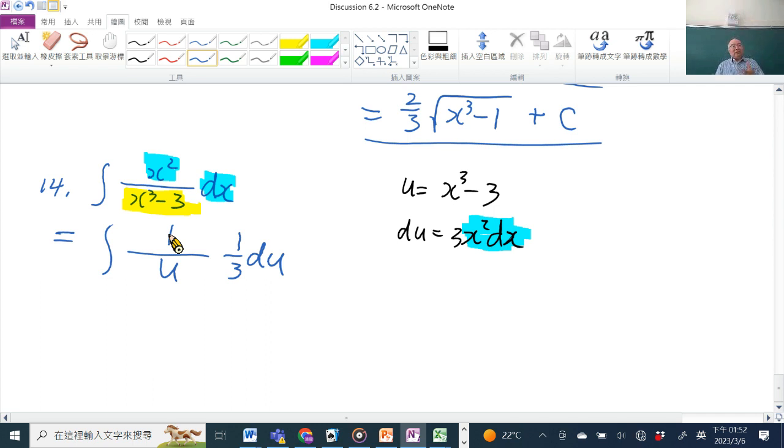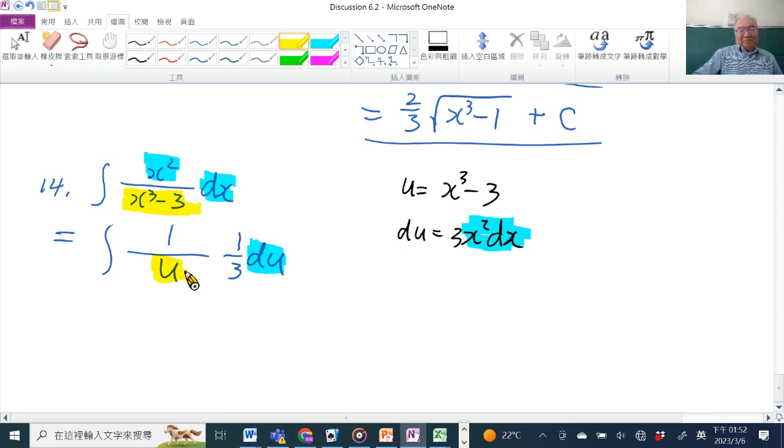It's multiplication, so nothing there means 1. So this is the substitution: the x squared dx becomes 1/3 of du, and the denominator is rewritten as the variable u.